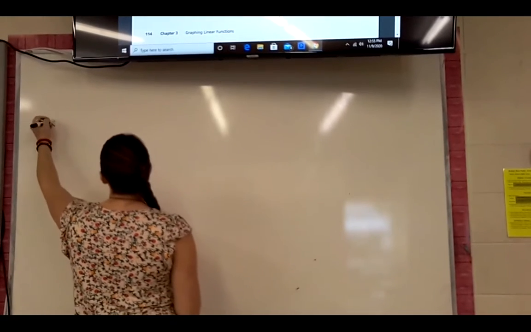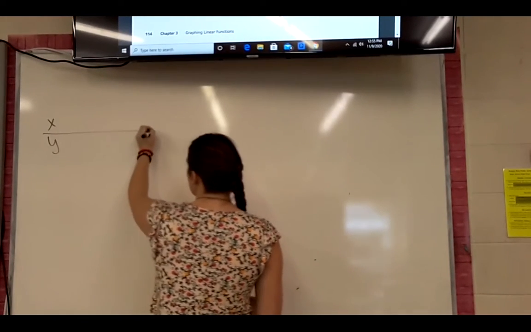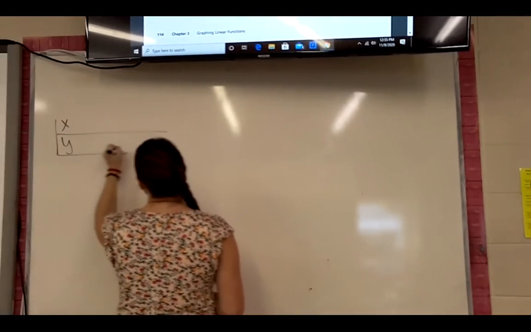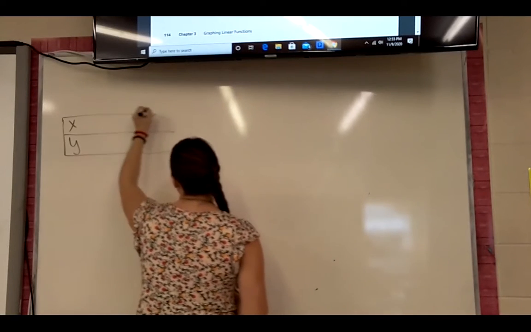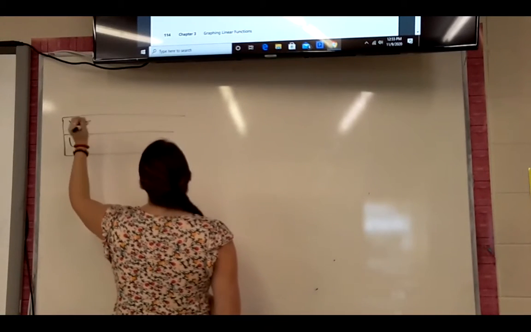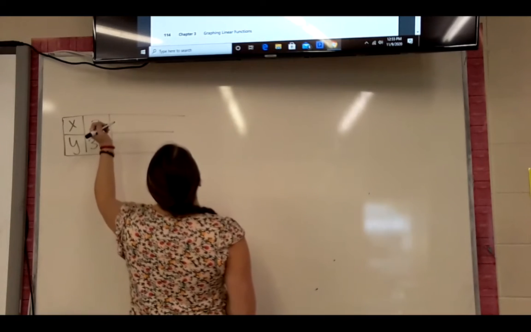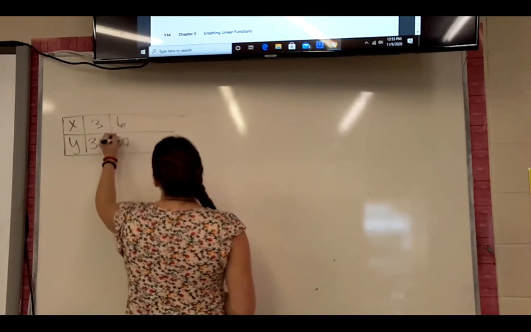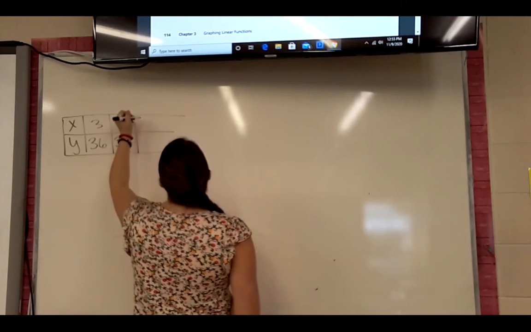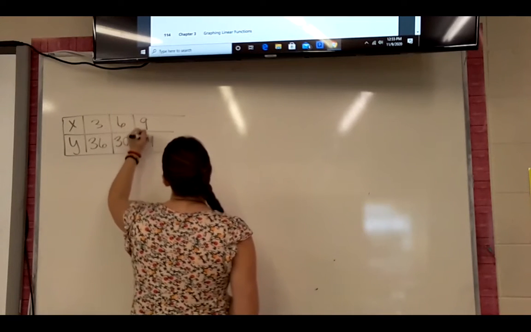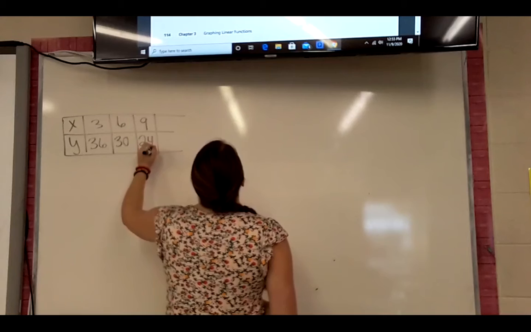So we have, and any table that's written sideways like that, X is always on top, even if they don't tell you that. Y is always on bottom. So we have 3 over 36, 6 over 30, 9 over 24, and 12 over 18.